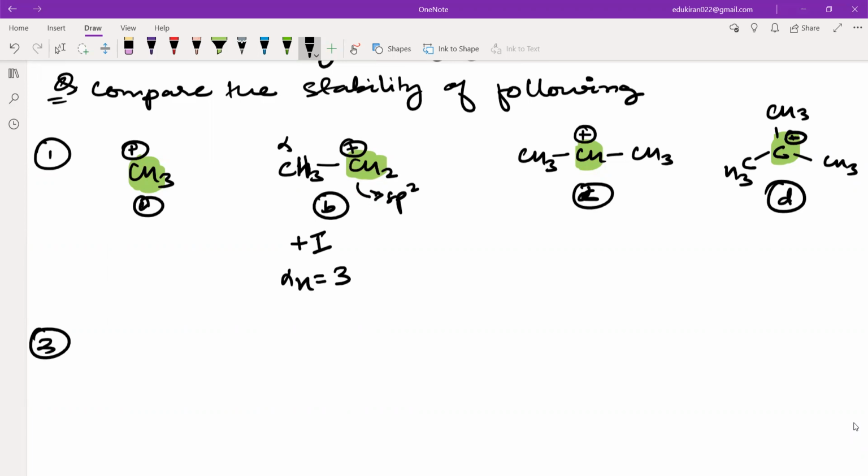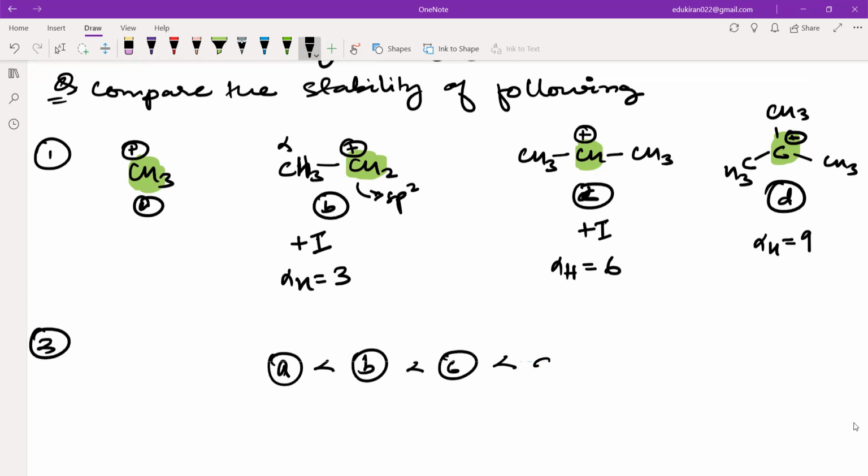So hyperconjugation will be there. Here also plus I will be there, and how many alpha hydrogens here? 6. And here? 9. So obviously A will be least stable, followed by B, followed by C, and then D will be most stable. Yes or no? Yes, sir.